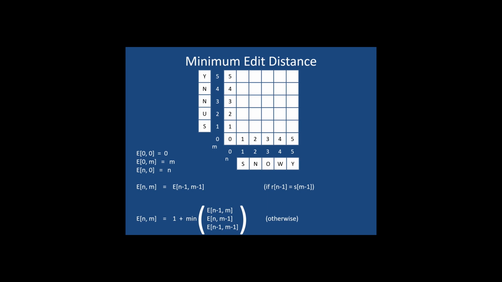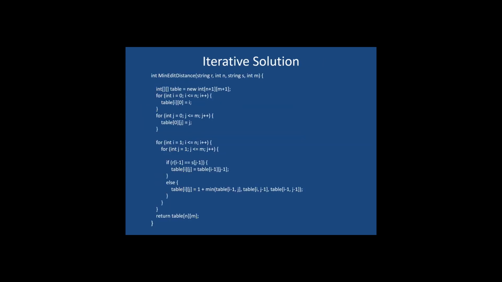And then I write a loop that lets n iterate in this direction and m iterate in that direction, or i and j, however you want to do it. And you just fill in this box, this box, this box, and so on, according to these rules. So, to fill in this box, you would look at this one, take the min and add 1. It's just a doubly nested loop that fills in the array. Just like that. That would be an animation of the algorithm, and that's what it looks like.